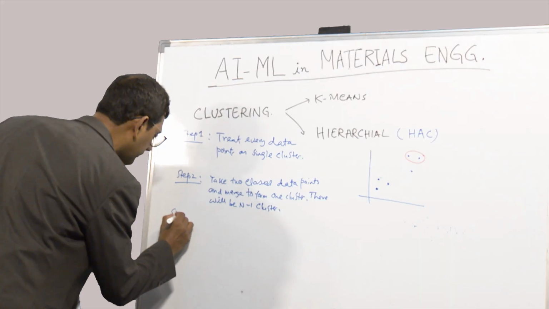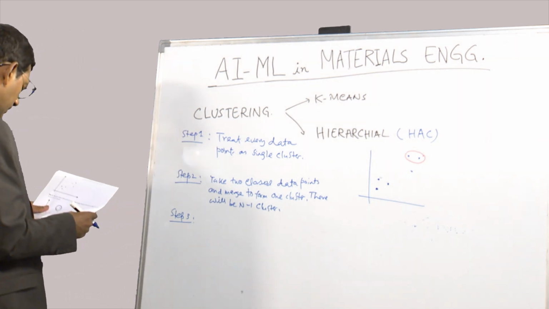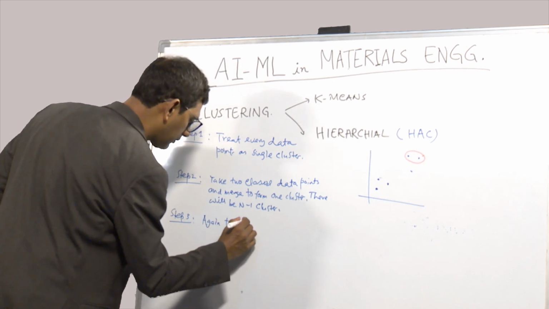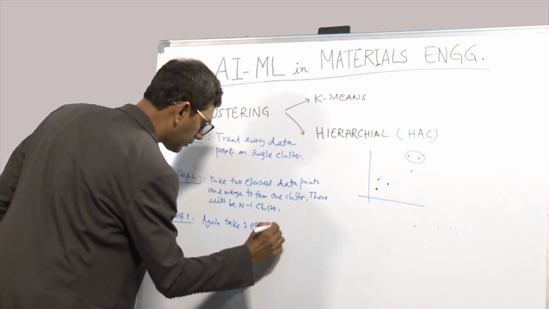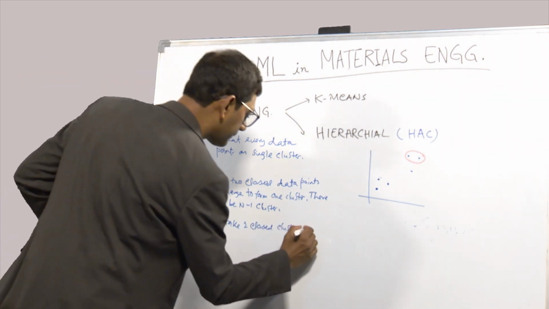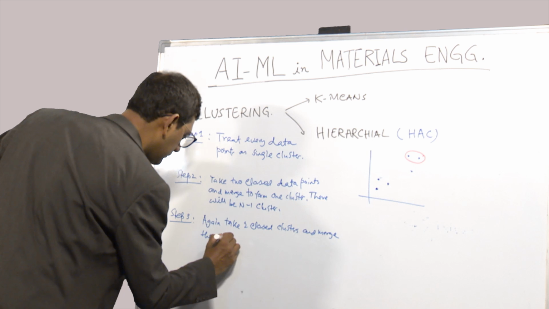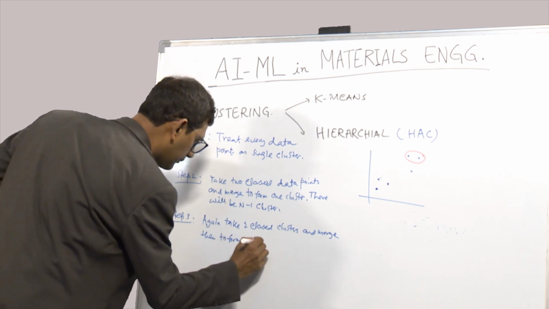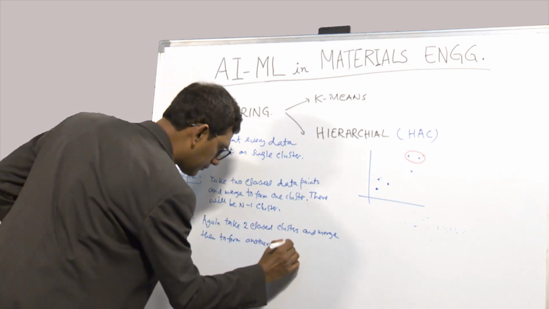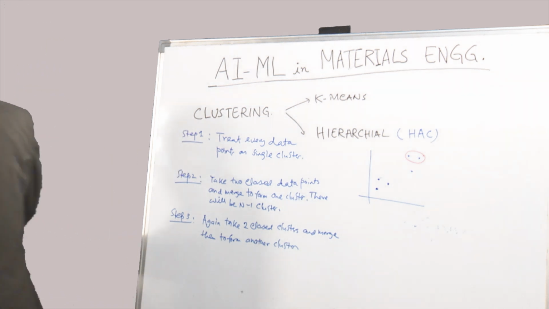What is step 3? Step 3 is very simple. Again, take the two closest clusters and merge them together to form another cluster. I will do that again.